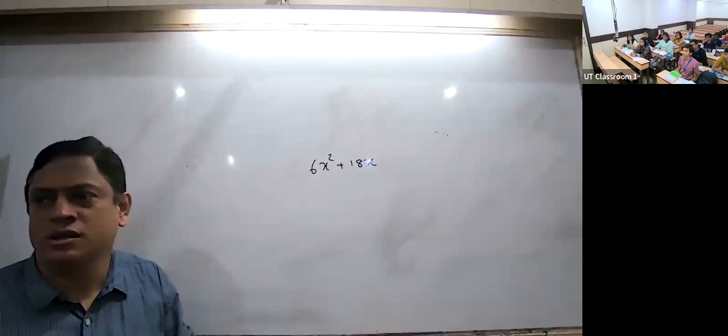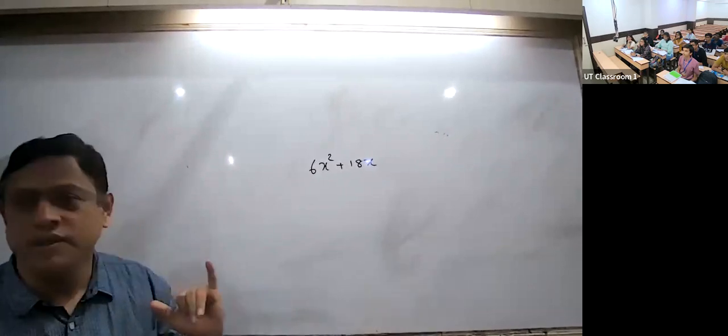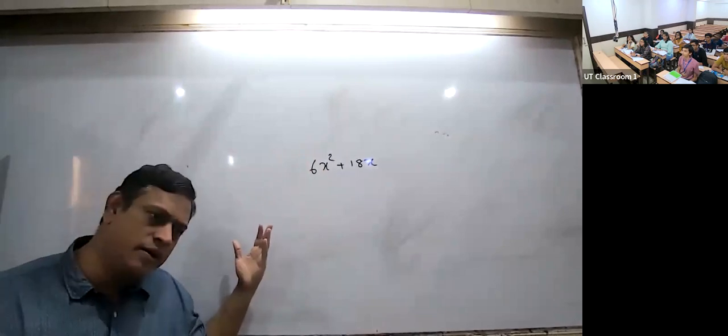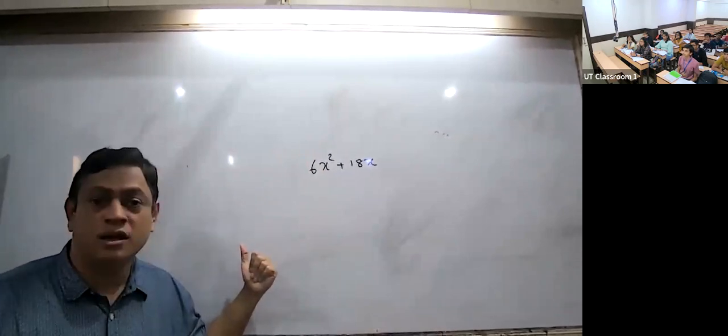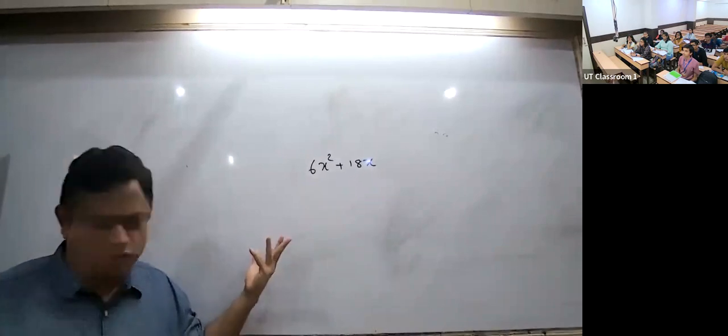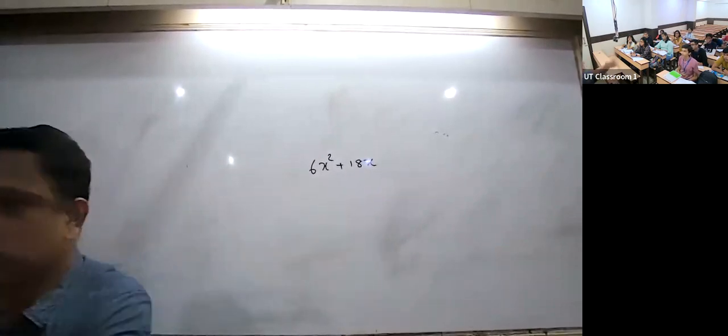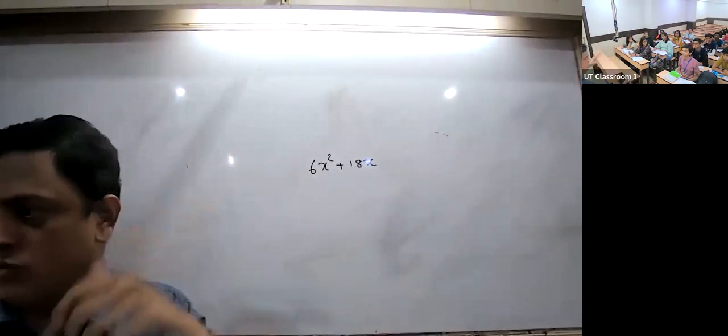What do you have to check? Degrees, then a should not be 0. What is the value of a here? 6. B is 18. C is 0. C can be 0, no? C and B can be. How will you factorize this one? Raise your hand.